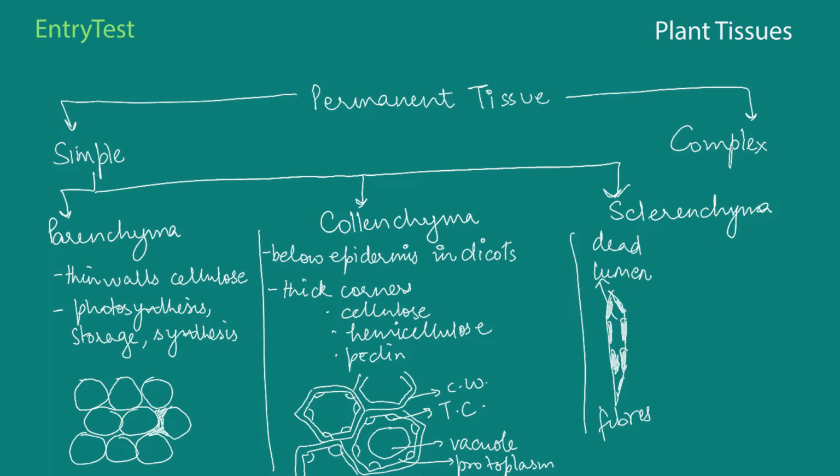Coming to sclereids, they are much more spherical. And they have structures called pits in them. So they are drawn like this. And you have little groove-like structures.